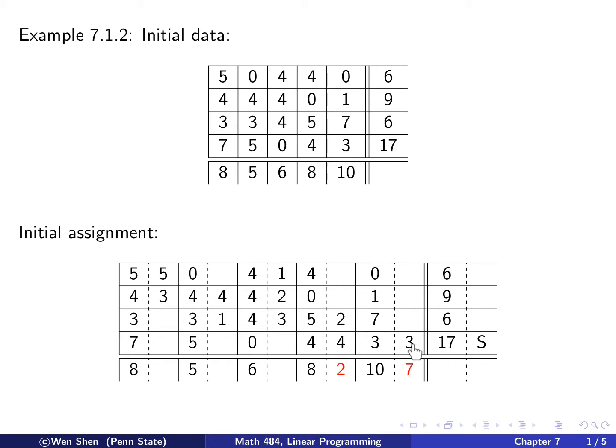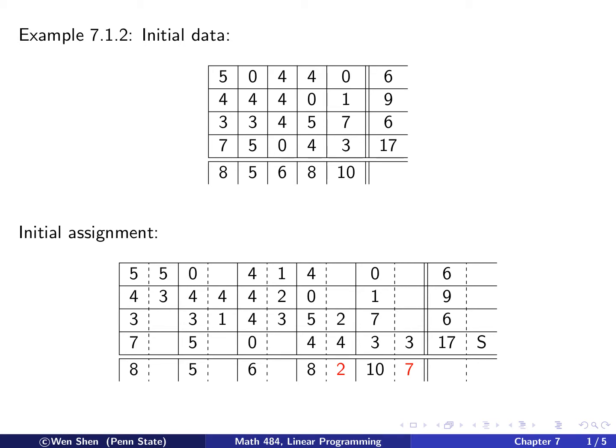Once you have done that, I see that I still have 7 units, 10 minus 3, of unmet demand. And for row 4, I have shipped 7 units. There are still 10 units here as surplus, so I mark this one as S.